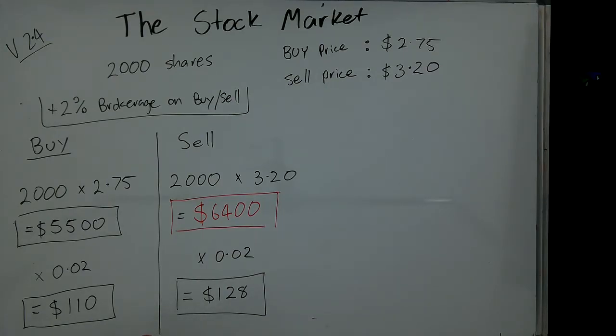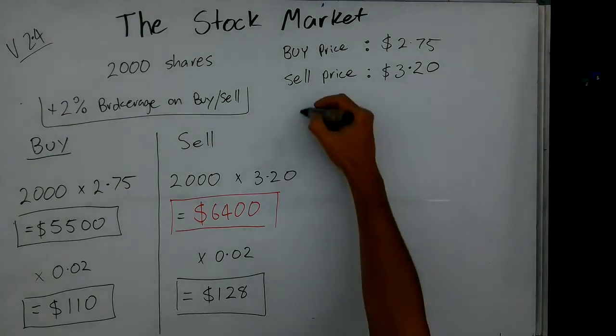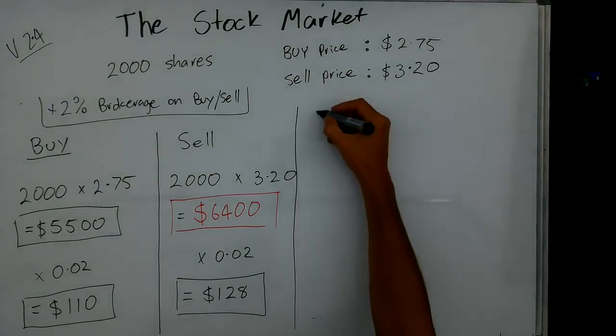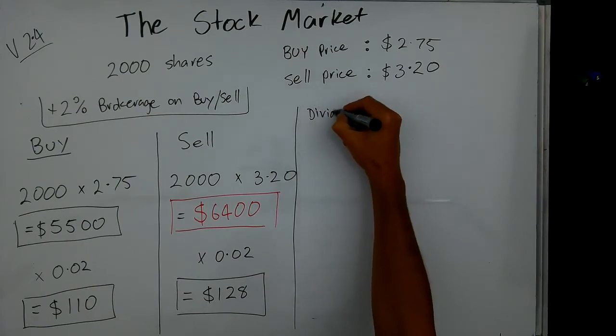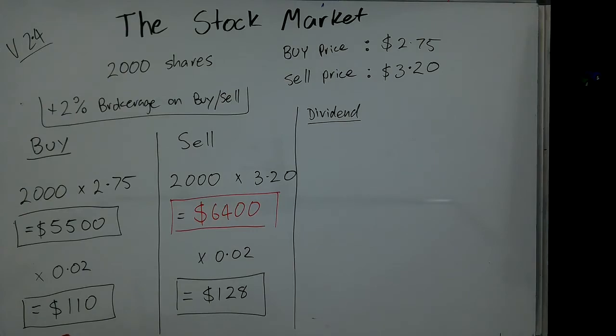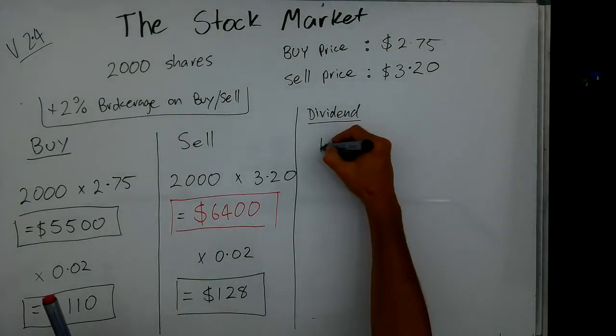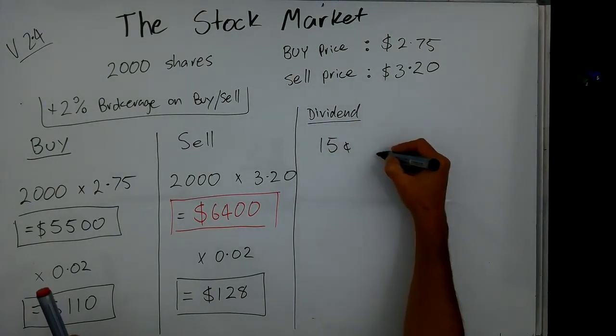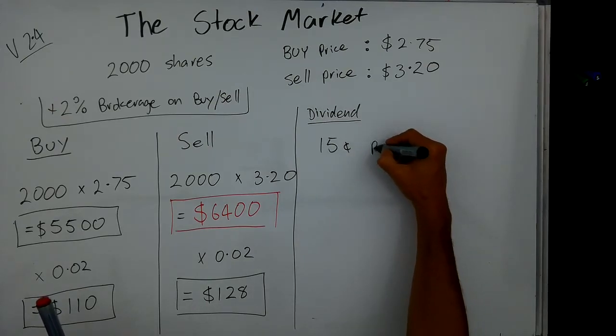So now we need to work out the dividend. So the way this is phrased, during the year of her investment, she had the benefit of 4 quarterly 15 cents per share.